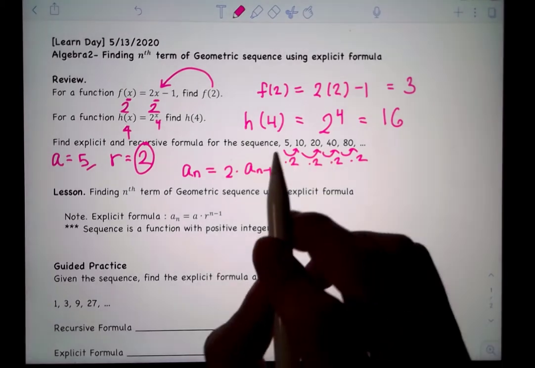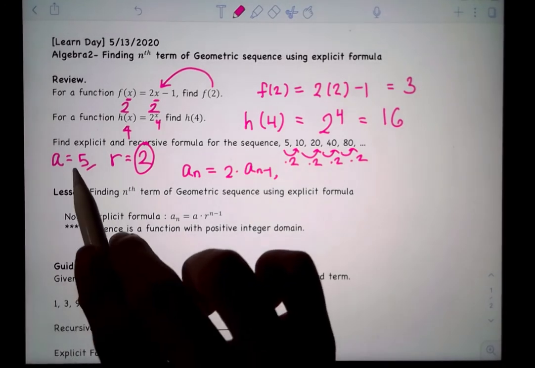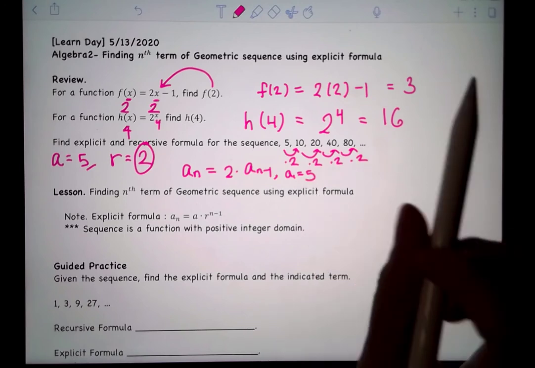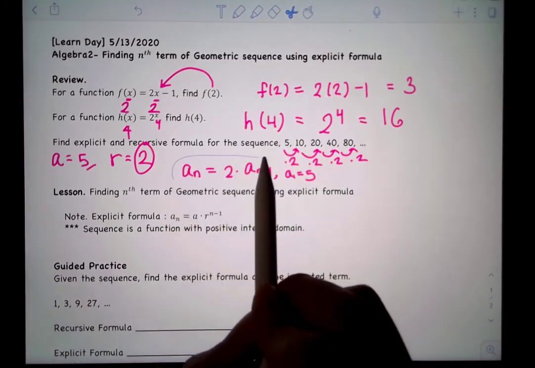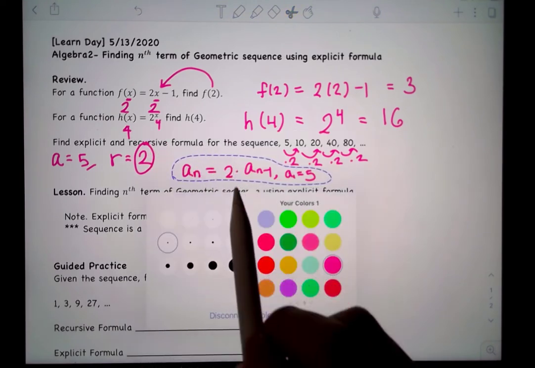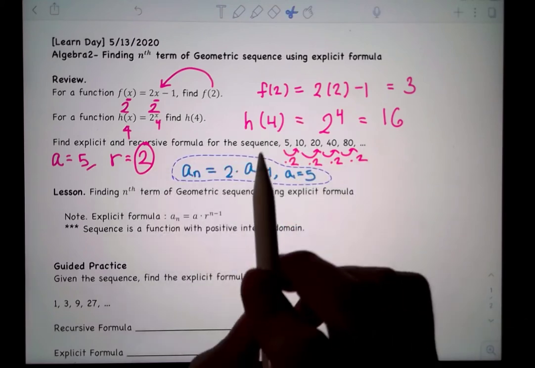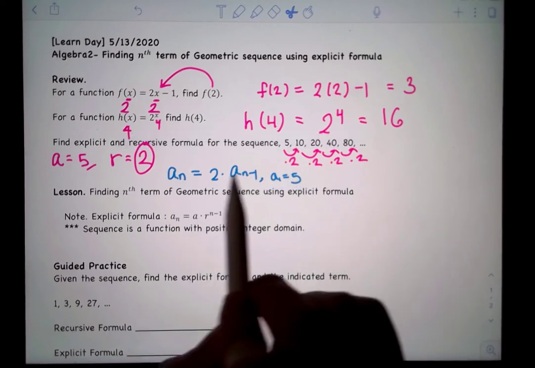Okay? And we have to have the first term. So I'm going to write that one. a1 equals 5. Okay? So this is my recursive form.